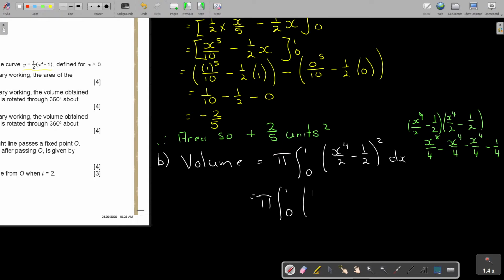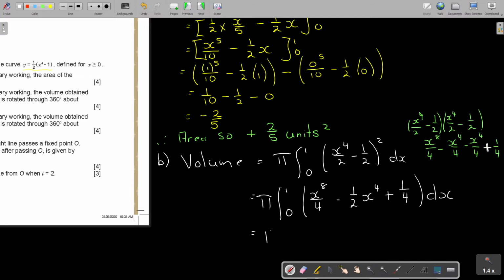So I'm going to have x to the power 8 over 4, minus 2 over 4, so it's minus a half x to the power 4, and a negative and a negative, I almost made a mistake there, it's plus a quarter. And it's going to be integrating dx.